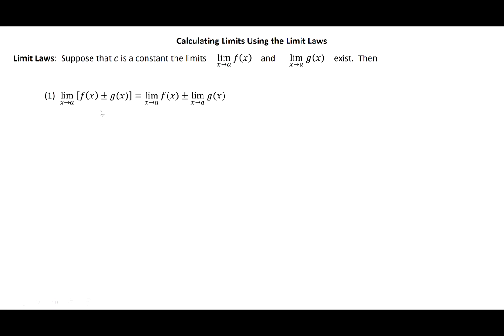So that's what mathematicians express as limit of a sum is equal to sum of the limits. Similarly, limit of a difference, f of x minus g of x, is the limit of the difference. Limit of a difference is equal to difference of the limits. If you feel like, oh, come on, that seems obvious, you're right. It's a simple thing.